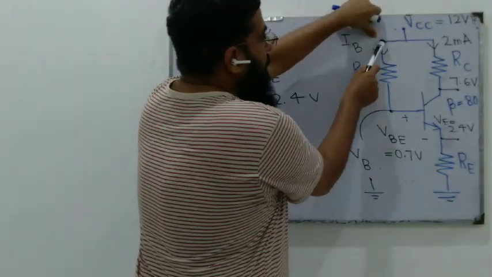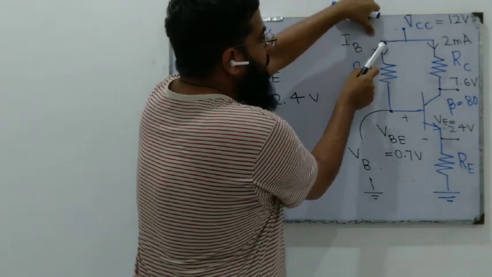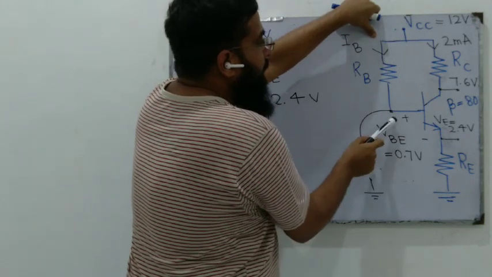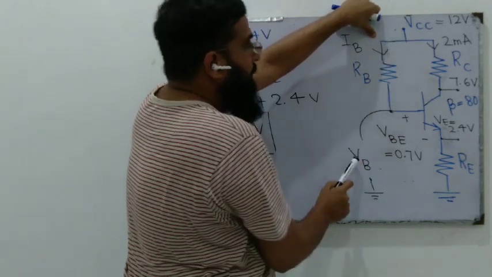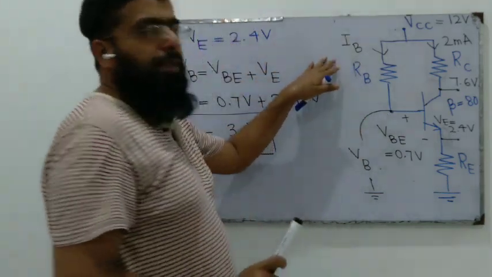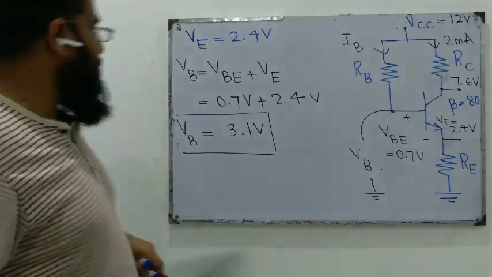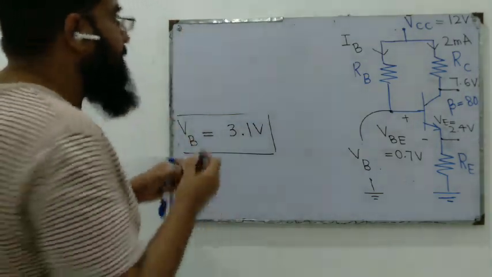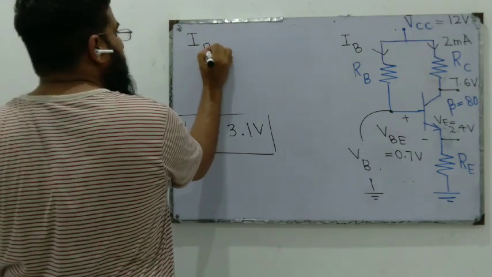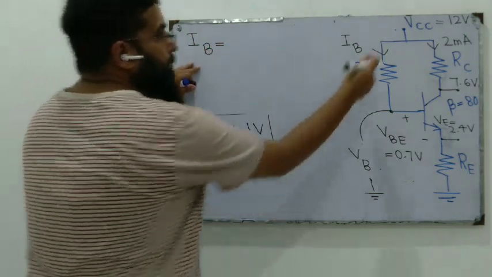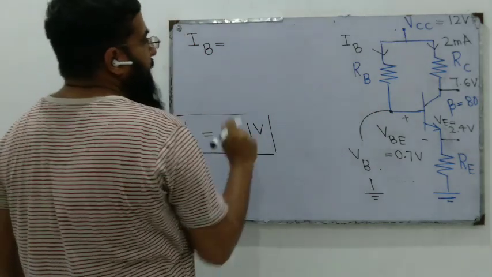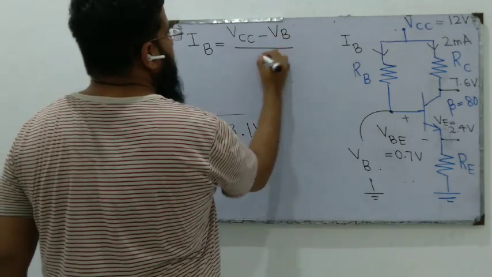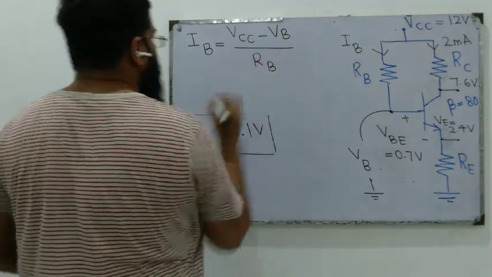The difference of voltages between its upper and lower ends, VCC minus VB, divided by RB should generate IB. So IB, according to Ohm's law, is the voltage drop across resistor RB divided by its value. So the voltage drop is VCC minus VB, divided by RB.